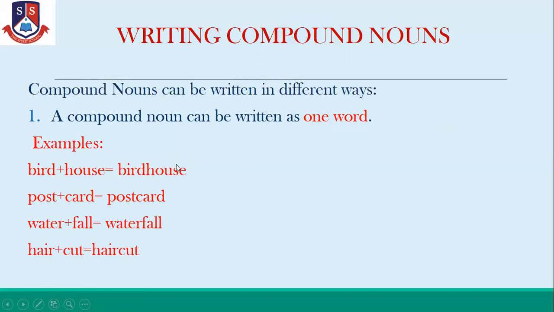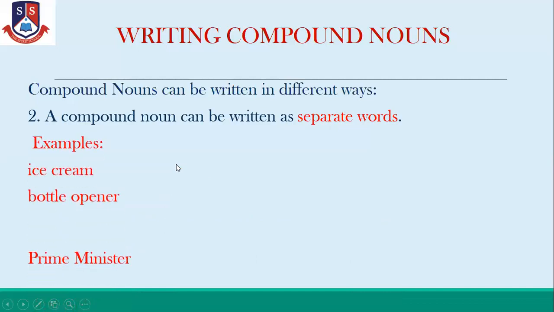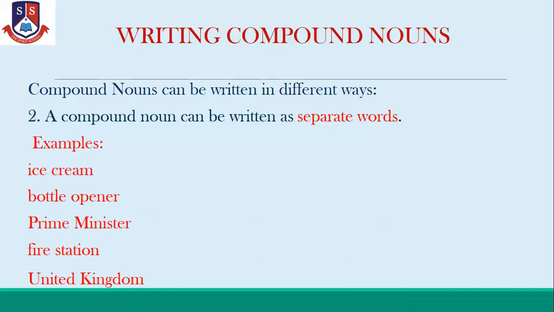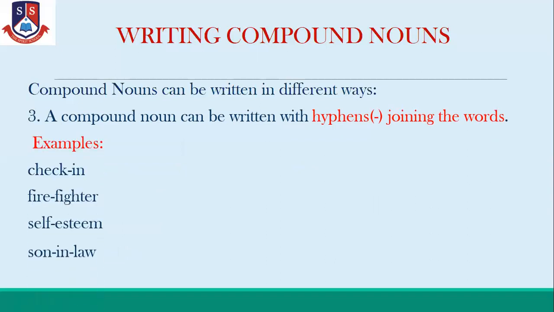First type of writing. And the second type of writing the compound nouns is writing them with the space as separate words, right? For example, ice cream. The third type of writing the compound nouns is with the help of hyphens. You see, these are the three ways through which we can write the compound nouns.